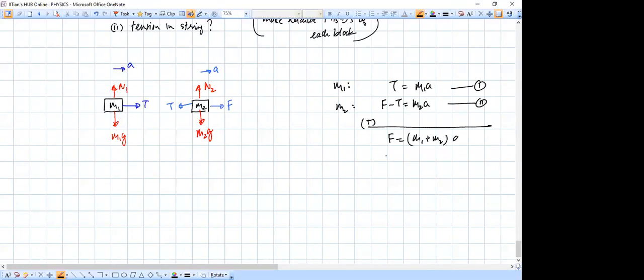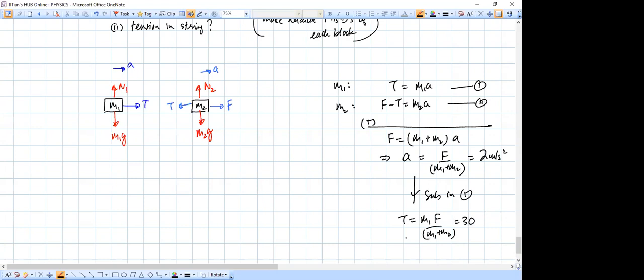The acceleration of the system is the external force divided by the combined mass. So that will become 2 meters per second square. And substitute this in equation 1. So you'll get the tension, or 30 newtons. Okay.